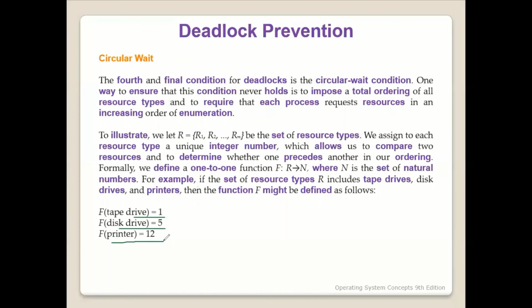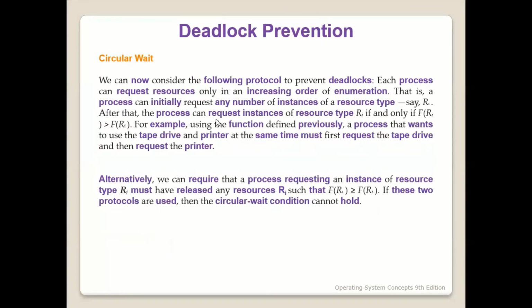So whenever a process P1 requests a printer, let's say it requests 2 instances of printer, that request number should be less than or equal to the total number of instances. We call it here N. N is the total number of instances. Okay, you get the idea? Make sure of this point.